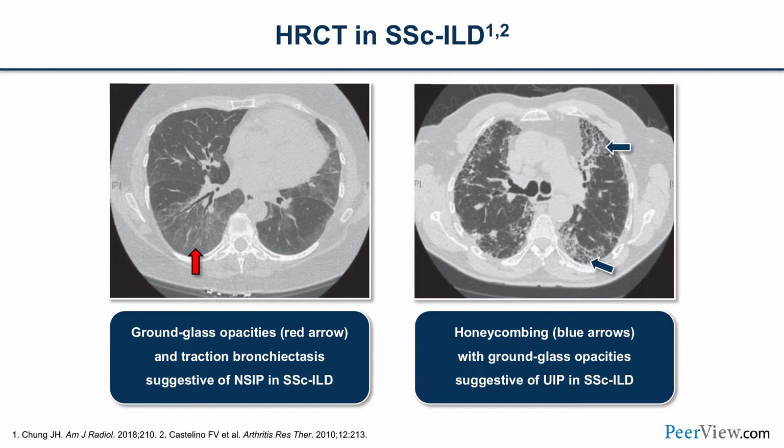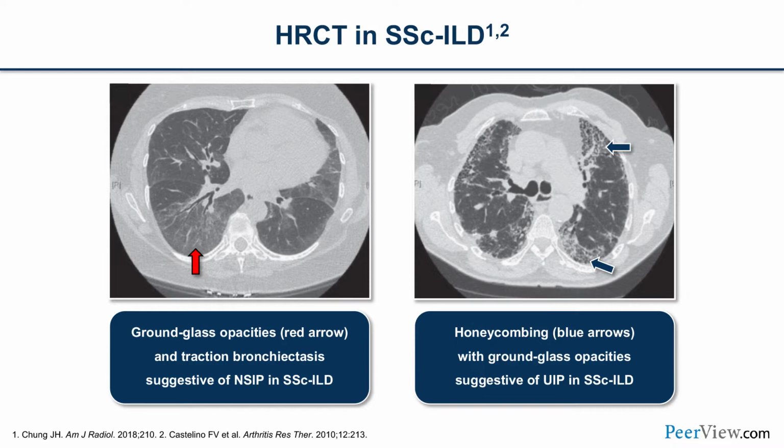And the picture on the left has an arrow pointing to ground glass opacities and also dilated airways of traction bronchiectasis pulled open by the contracting fibrosis that are next to those. And this is suggestive of a nonspecific interstitial pneumonitis pattern in systemic sclerosis.